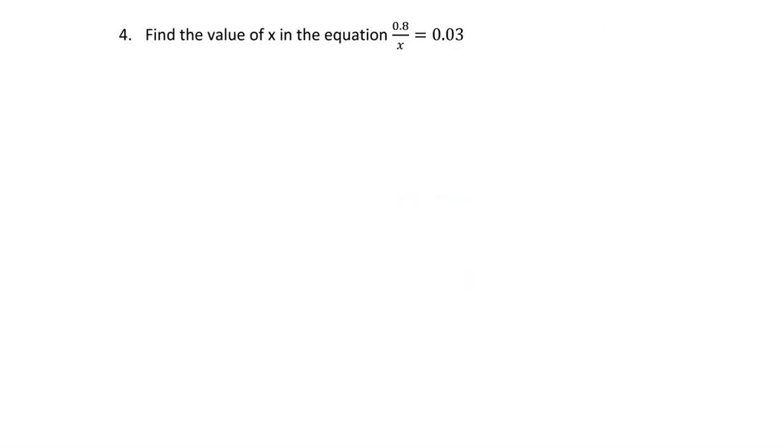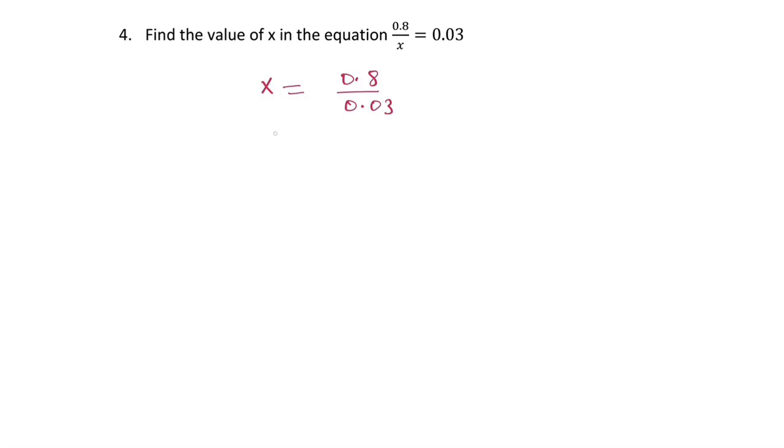Question number 4. Find the value of x in the equation 0.8 over x equals 0.03. Okay, so from this given equation, let us now make x the subject. Then our equation can be written as x equals 0.8 over 0.03. Okay, so next, in order to remove the decimals from numerator and denominator, we are going to multiply both by 100.